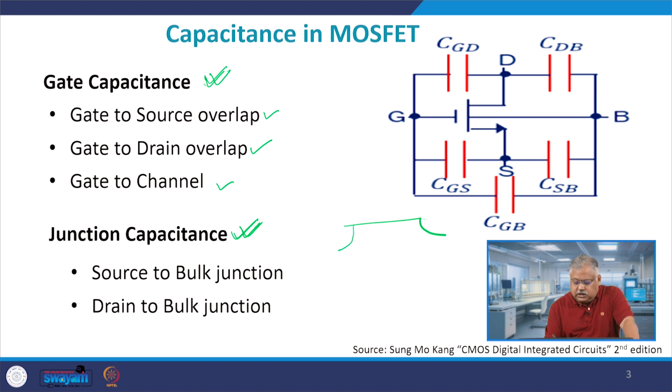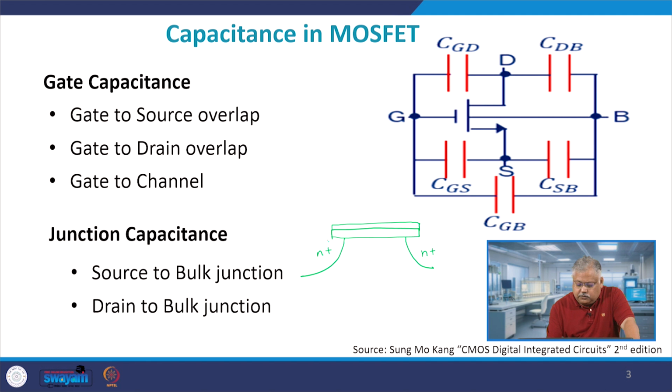It will be easier for you if you see how the formation takes place, so let me draw for you. I have this oxide layer, metal layer, and this is my N plus and this is my N plus. This is my source, this is drain, and this is the P type substrate, assuming an enhancement mode MOSFET. This is the gate. N plus means high doping concentration of electrons.